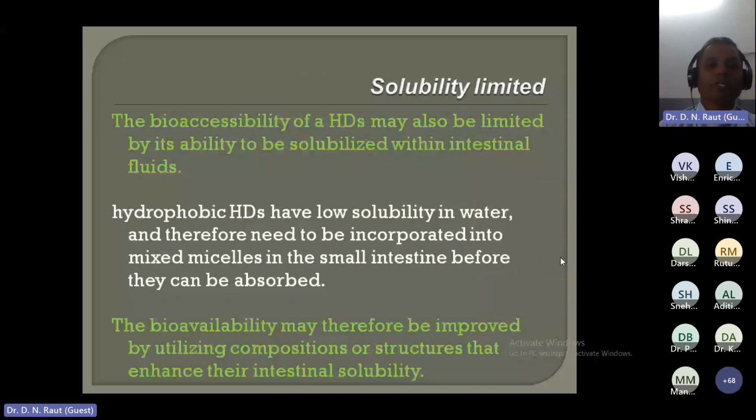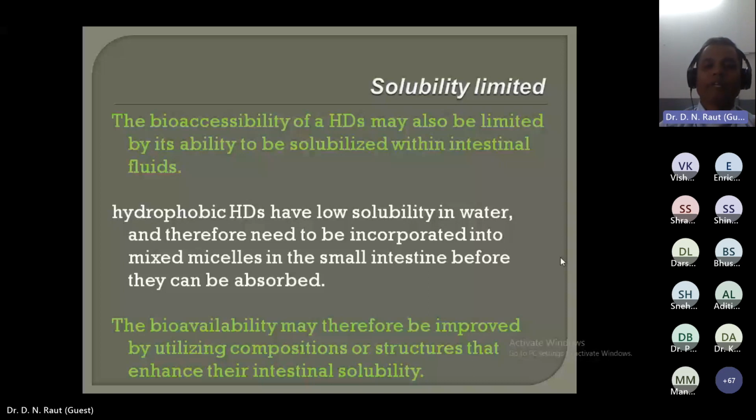In the case of solubility issues, this is the ability to be solubilized at the site of absorption, that is, in the intestinal fluid. Hydrophobic drugs have low solubility in water, and therefore need to be incorporated into mixed micelles in the small intestine before they can be absorbed.